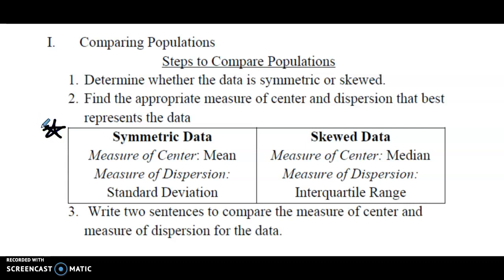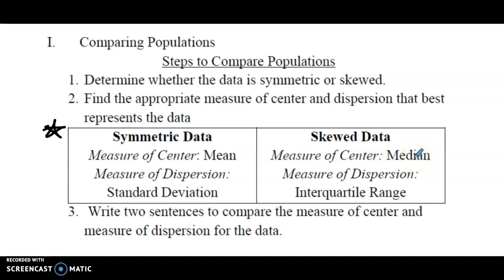Whenever it's symmetric, you're going to find the mean. And the measure of dispersion that goes with mean is standard deviation. If we determine that the data is skewed, we are going to use the median.